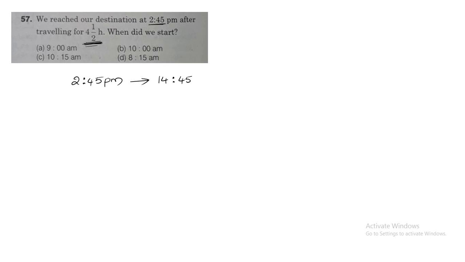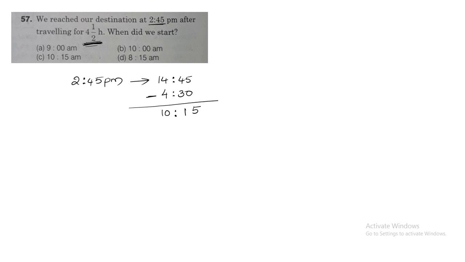Now from this 14:45, to find out the initial or starting time, we need to subtract this 4.5 hours. 4.5 hours means 4 hours and half an hour, which is 30 minutes only. So we subtract that 30. From this, 5 minus 0 is 5, 4 minus 3 is 1, and 14 minus 4 is 10.